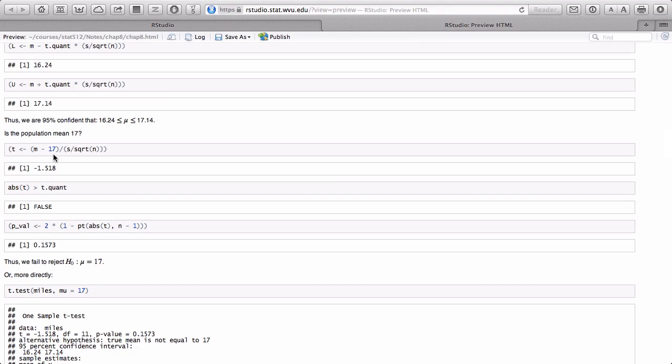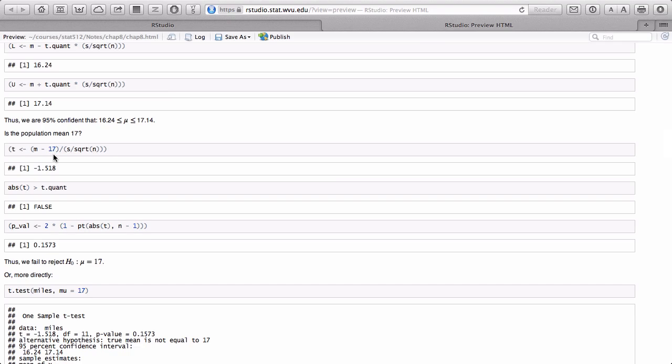I try not to use the board, for the people that are not here, but if you draw a bell-shaped curve, and at the lower point you put the actual computed t, which is minus 1.518, then I'm computing the area to the left of that, but I also have to take 1.518 on the upper tail and compute that area.